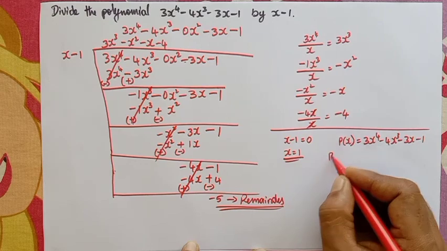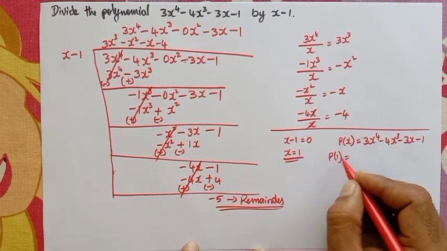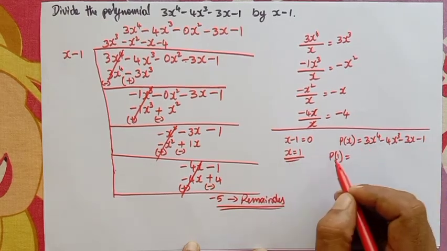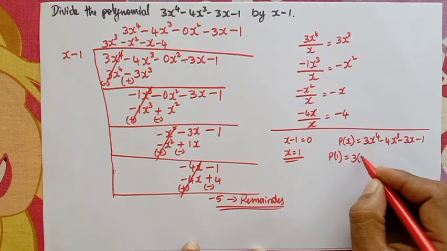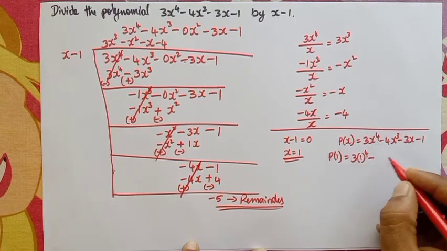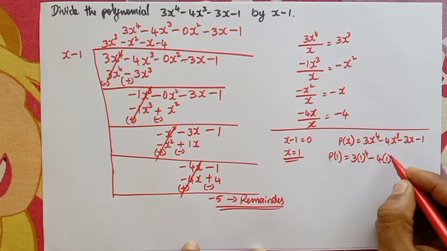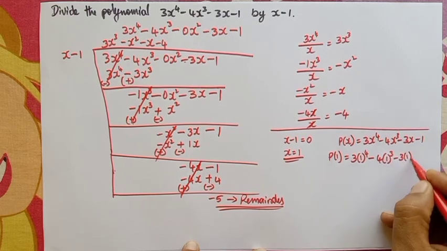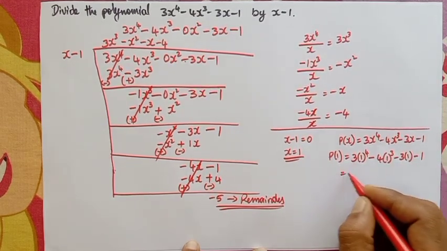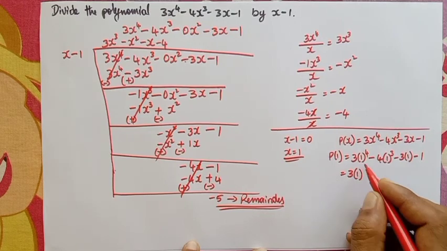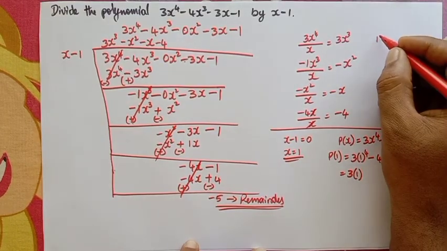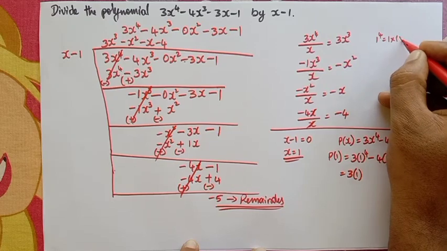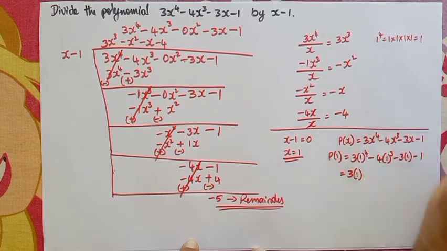Let us find p of 1 by substituting the value of x as 1. 3 into 1 to the power of 4 minus 4 into 1 to the power of 3 minus 3 into 1 minus 1. Here 3 into 1, we know that 1 to the power of 4 is 1 into 1 into 1 into 1, which is nothing but 1.